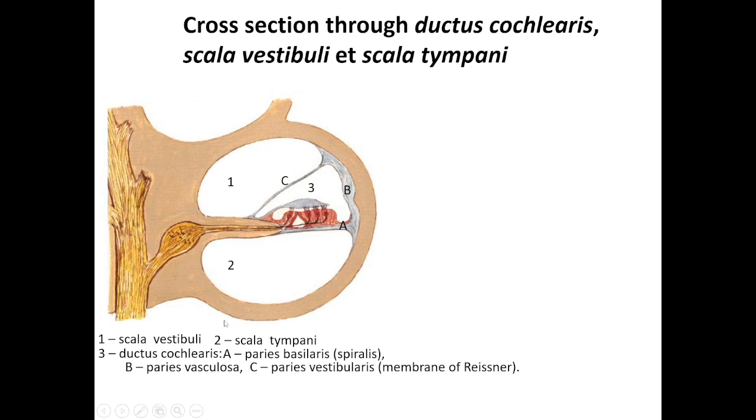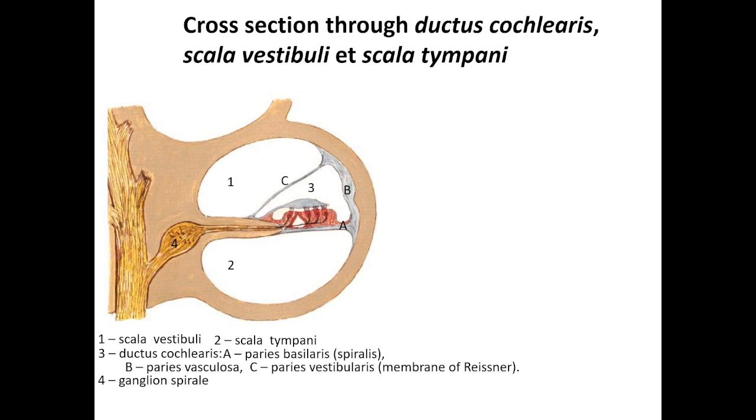And now letter 4, here it is. It's ganglion spirale. So we have learned that ganglion spirale is located in the base of lamina spiralis ossea.